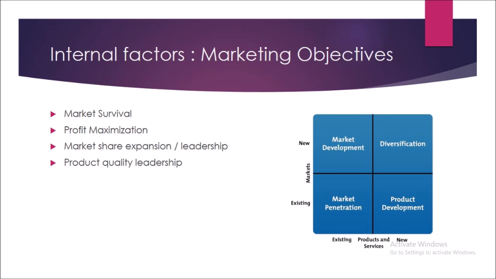And finally, you are trying to give a new product to a new market. That is known as diversification. You are trying to reach a new market with a new product. It's a combination. So these are the marketing objectives in any company concern.